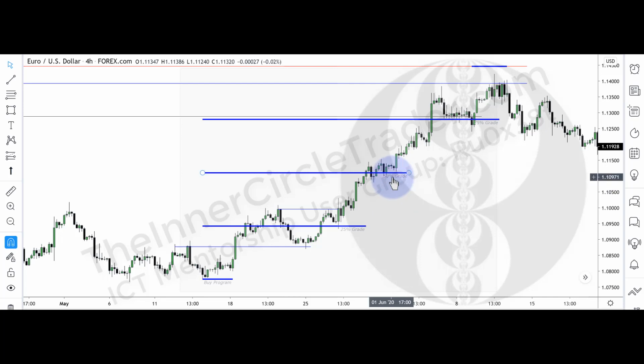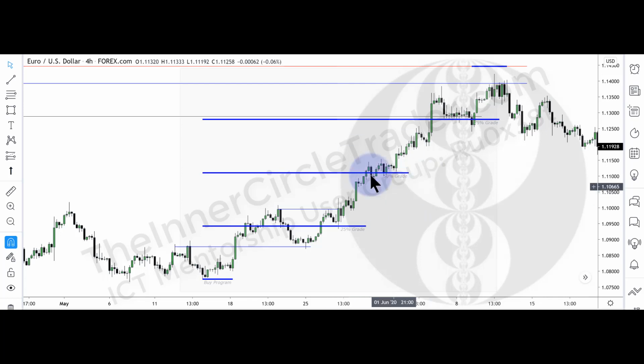The 50% level of a price grade from an unrealized price run or price swing, this is an area where consolidation can occur. We talked in previous lessons recently about how some of you were concerned about when can I anticipate consolidation.